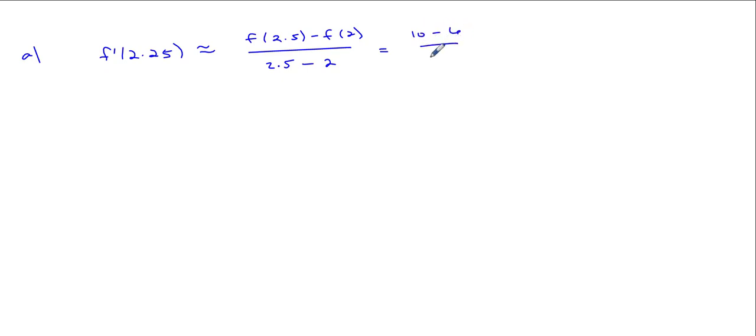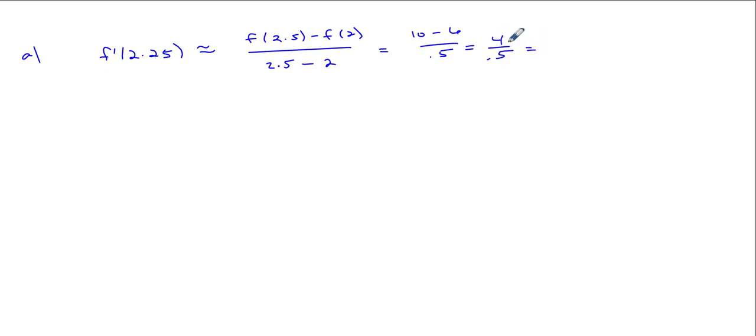Okay? So for part A, what did you guys get? Did you guys go f prime of 2.25 is approximately equal to f of 2.5 minus f of 2, all over 2.5 minus 2. F of 2.5 is 10 minus 6 over 0.5, 4 over 0.5, 4 divided by halves.